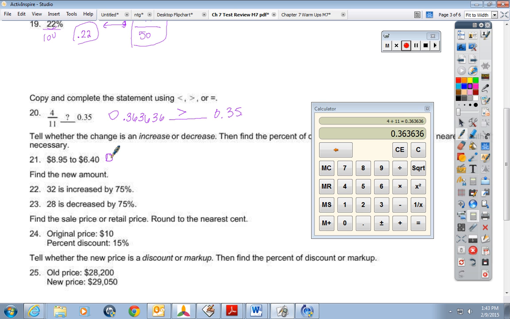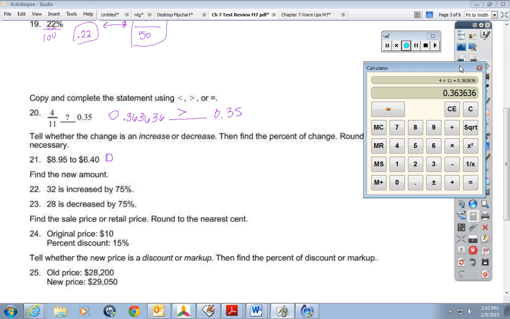And then the formula for percent of change is the difference. So we're going to subtract 8.95 minus 6.40 divided by which amount? The original or the new? The original, which would be 8.95.